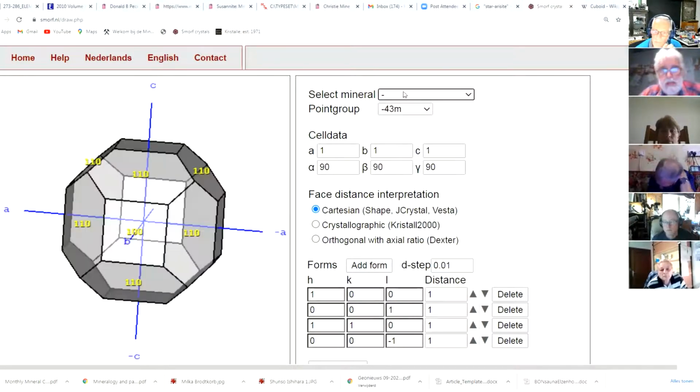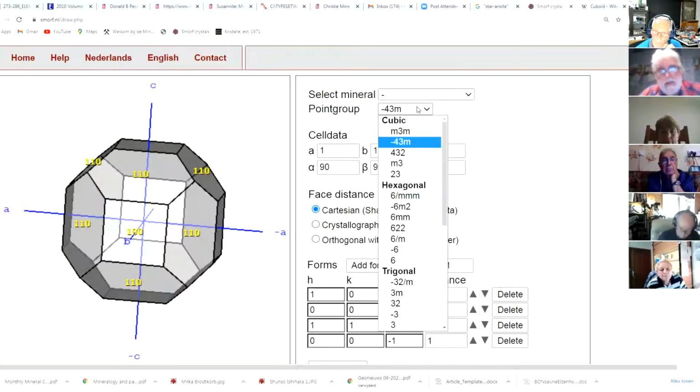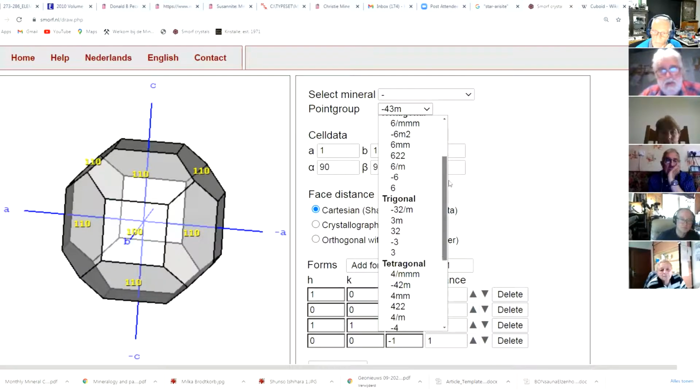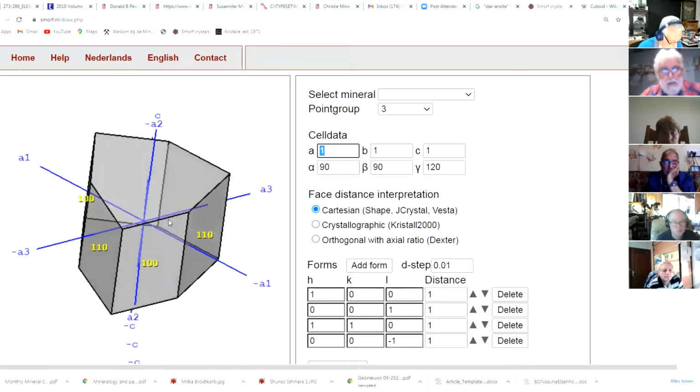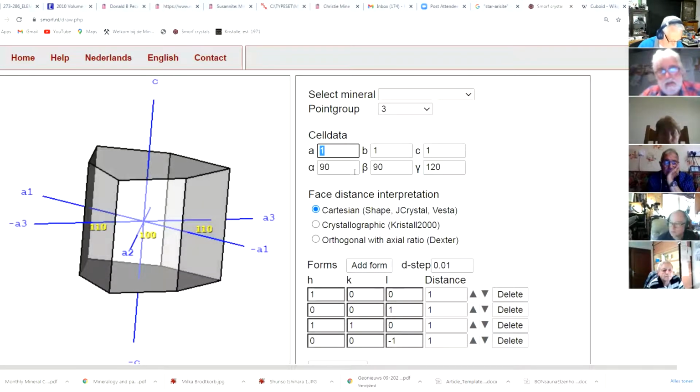You select no mineral, and then you have to adjust the point group here. For Susanite, it was 3, and then we had to adjust the cell data as well. So we modified the cell data for A, B, and C, and then we filled in the forms and we got our drawing.